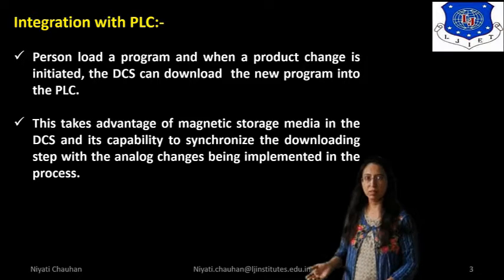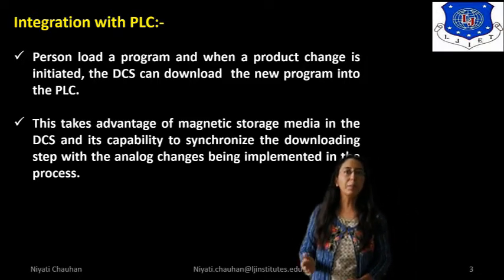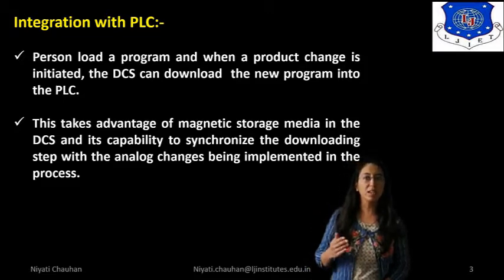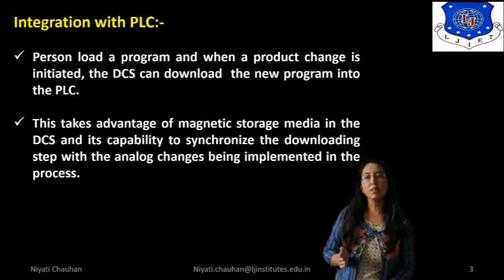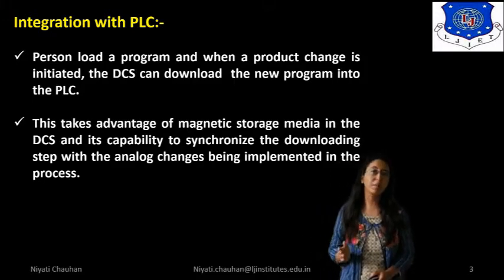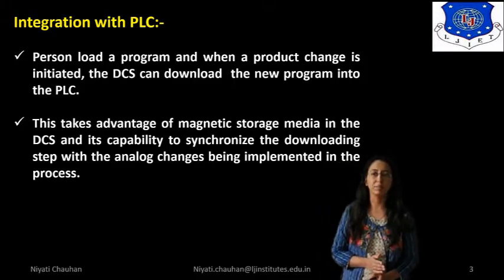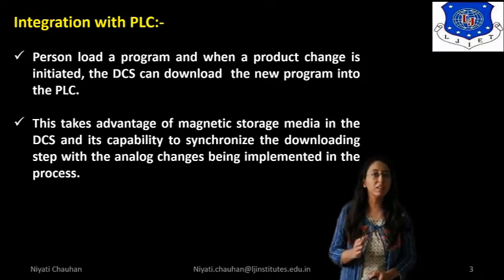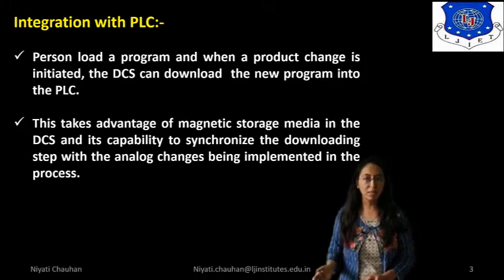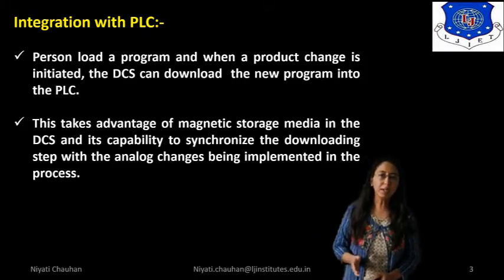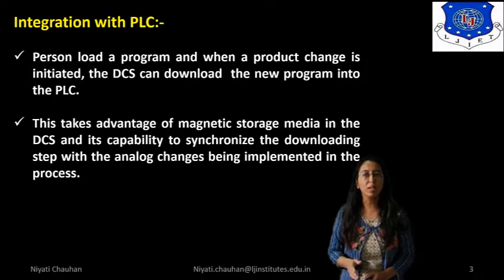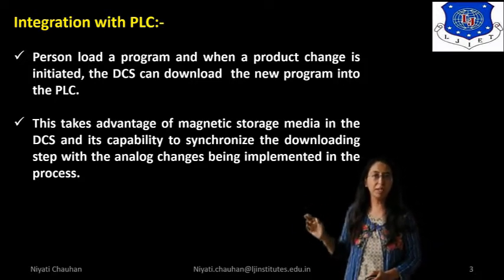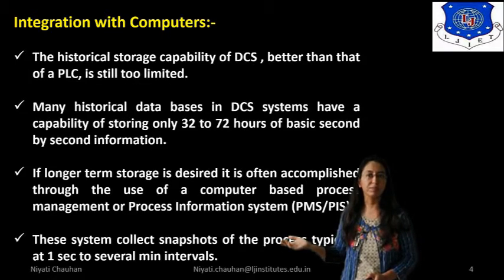Then next, when a program is loaded and a product change is initiated, the DCS can download the new program into the PLC. This takes advantage of the magnetic storage medium in the DCS and its capability to synchronize the downloading step with the analog changes being implemented in the process.